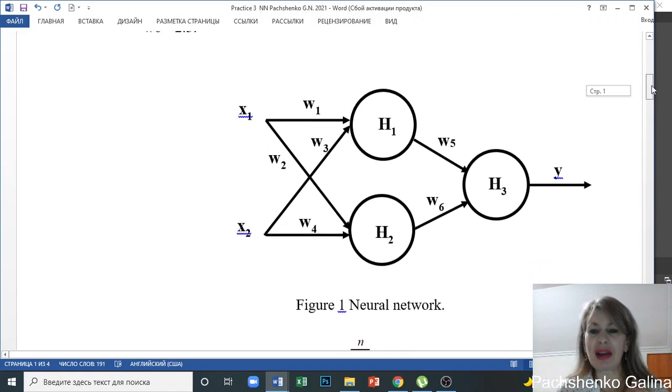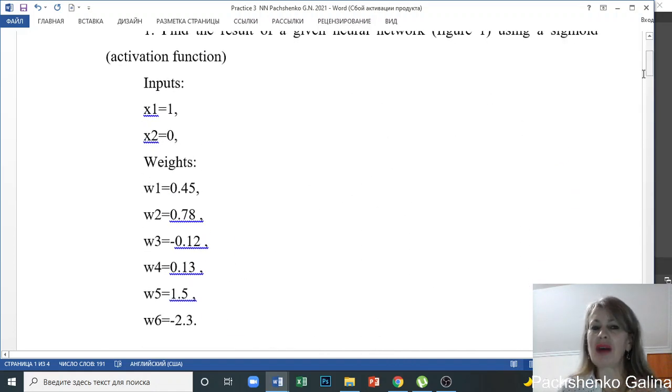And here we have values for input 1, for input 2, and weights. Please note that here we have negative values, like here and here.